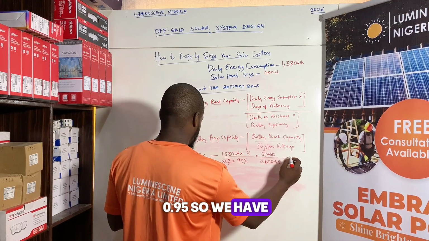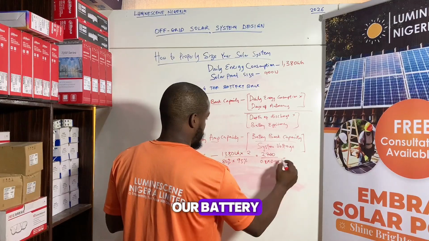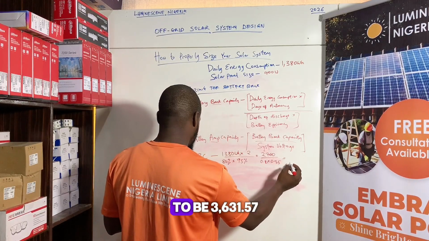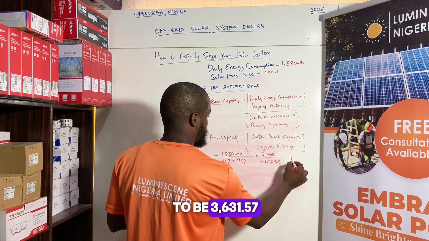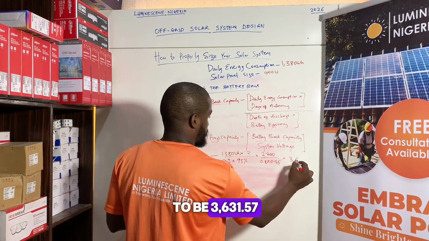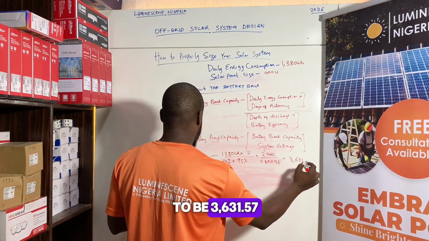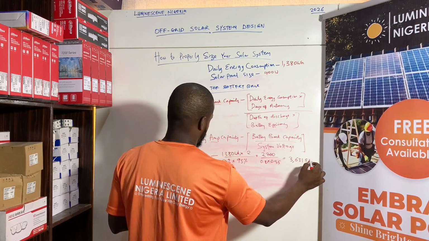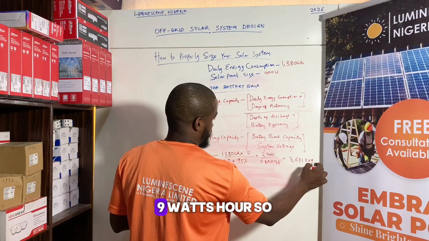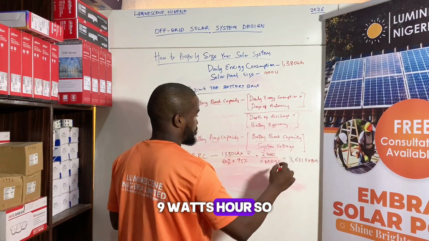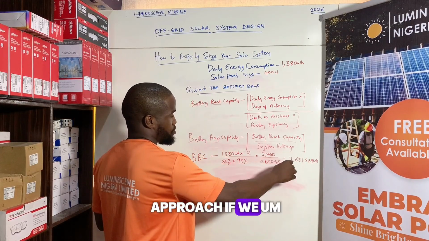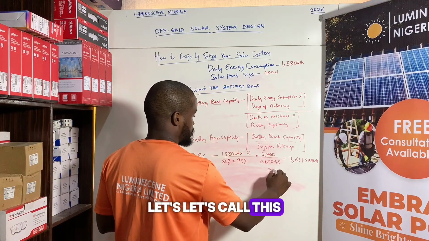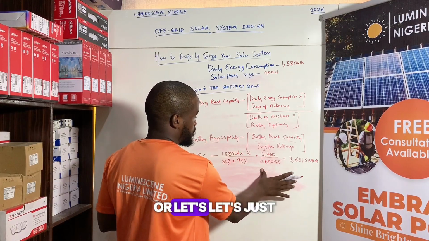So we have our battery bank capacity to be 3631.579 watt hour. Let's just leave that there.